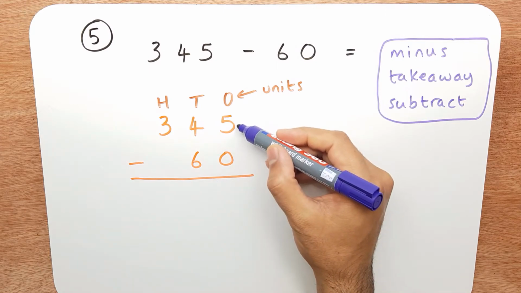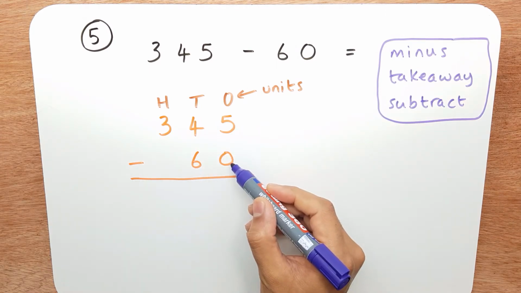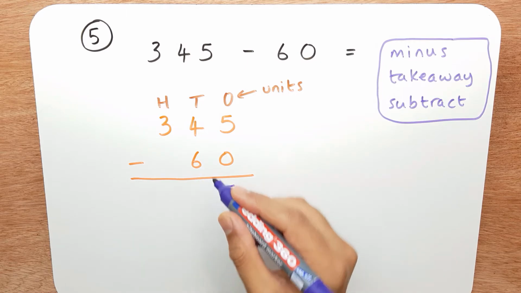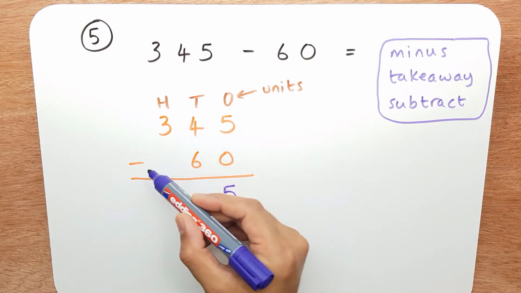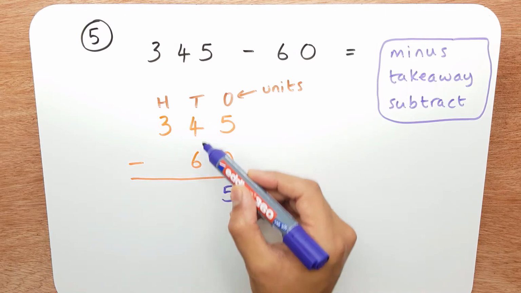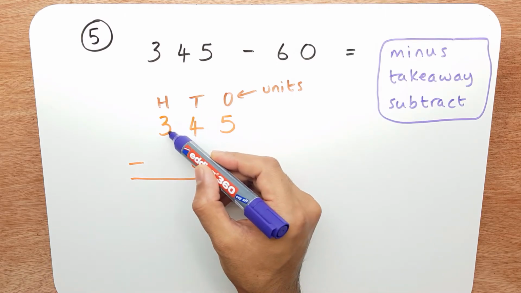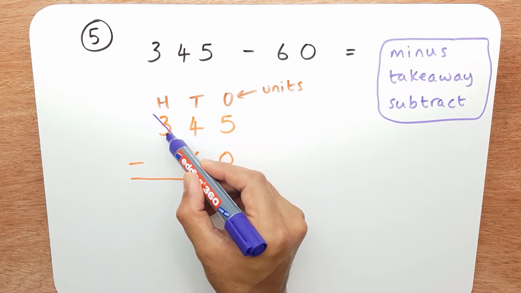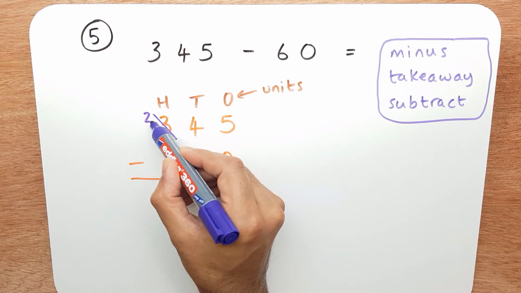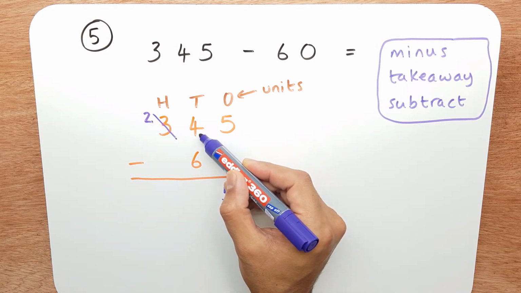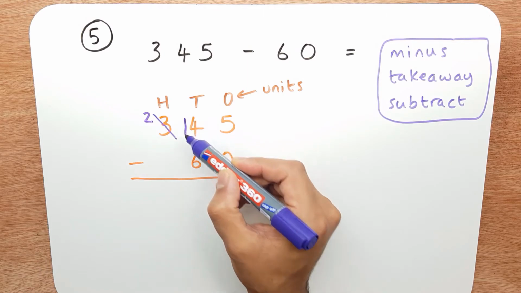Now what we do is 5 take away 0 is 5. 4 take away 6 we can't do, we've not got enough, so we go to the neighbour, we knock on the door, borrow 1, that 3 becomes a 2, and the one we've borrowed turns this 4 into a 14.